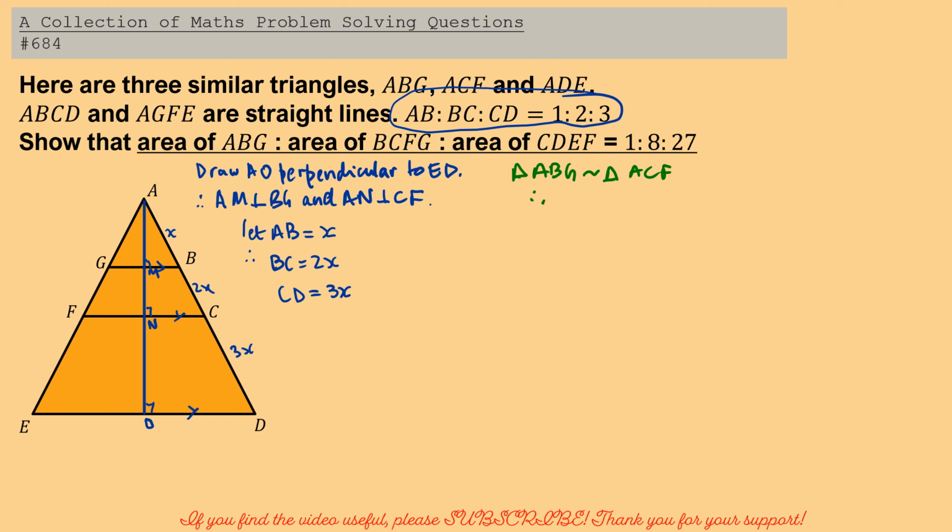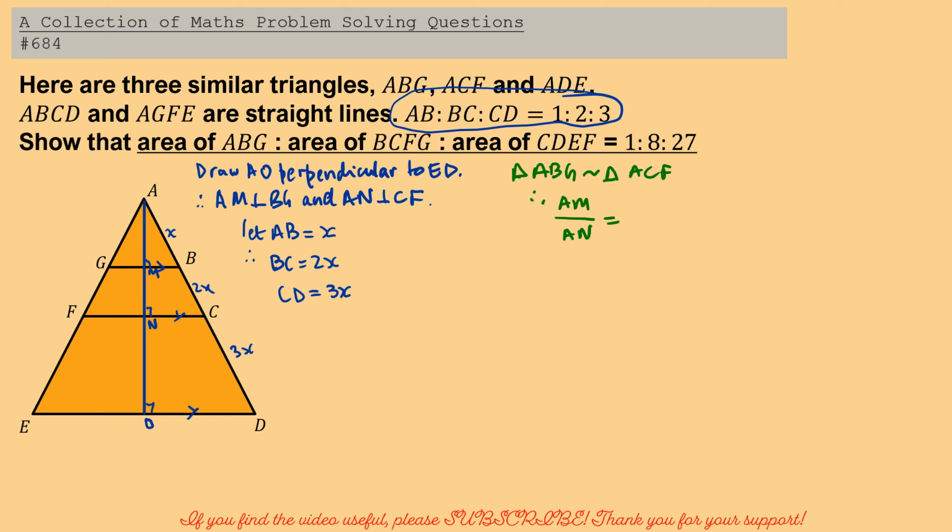So AM divided by AN, that's the height, right? AM is the height of triangle AGB, and AN is the height of triangle ACF.